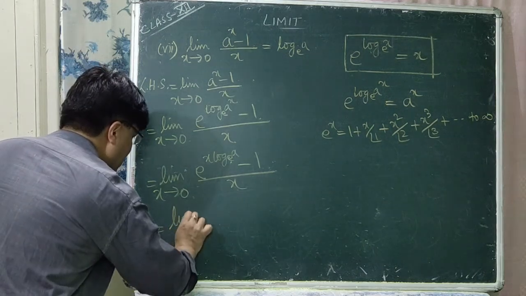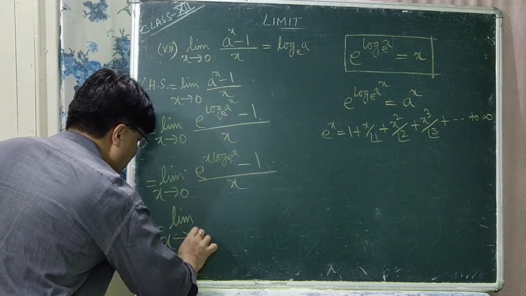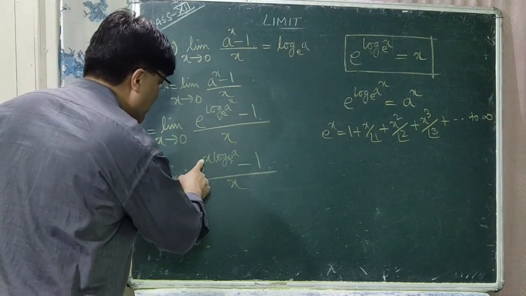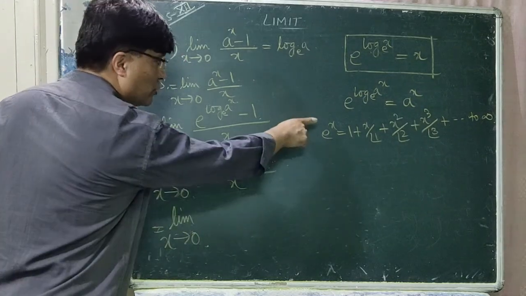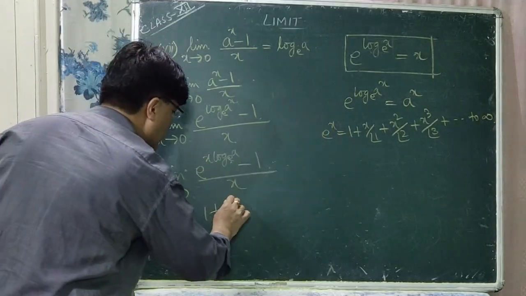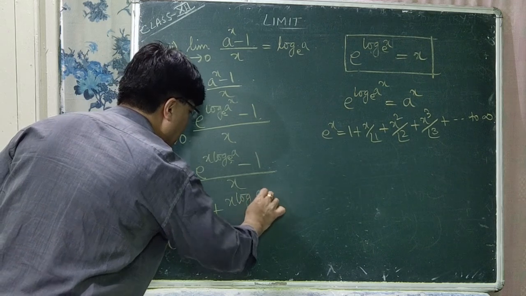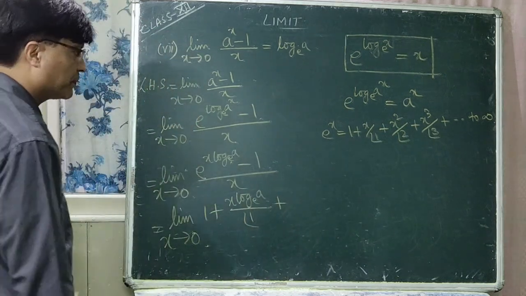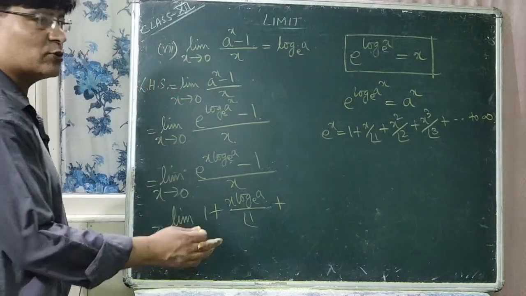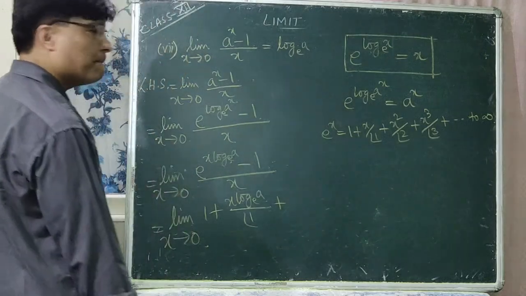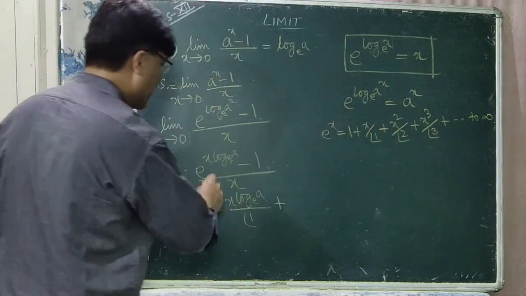which is equal to limit x tends to 0, right? Now e to the power x log a base e. So you use this formula. So 1 plus, what is x upon factorial 1 here? x log a base e divided by factorial 1 plus, right? And the next one is, what is x square here?